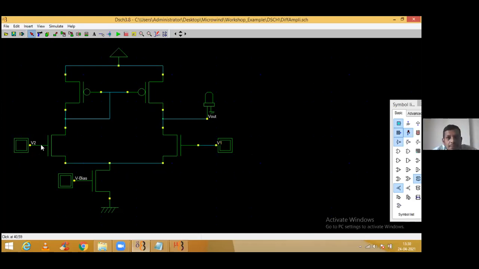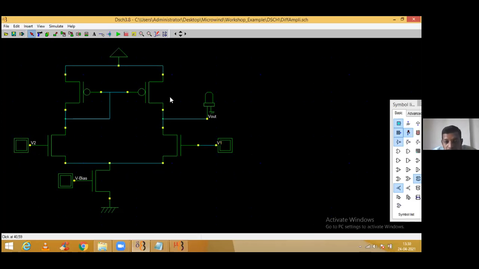Mirror means it has two branches. Let's say this is the first branch and this is the second branch. Whatever current is flowing through this branch, it provides the mirror image, meaning exactly the same current will flow through this branch. This is actually the working of your current mirror circuitry.